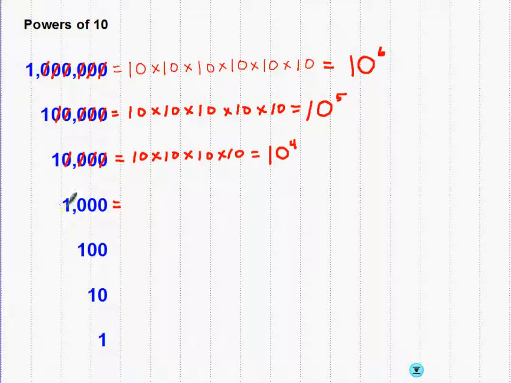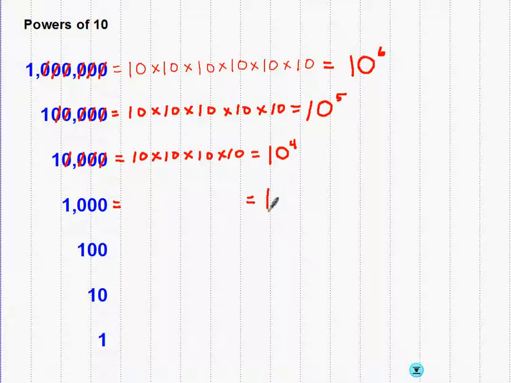Coming on down here, I've got 1,000. Let's go straight to our exponent and see if we can figure out first what our exponent would be. We know this is a power of 10 number. We can recognize that because it has the digit 1 and then all the other numbers are 0.